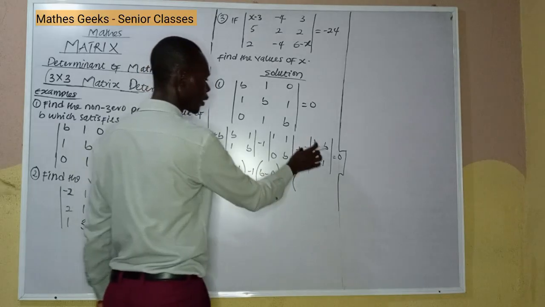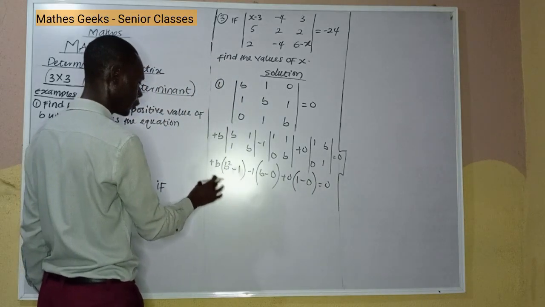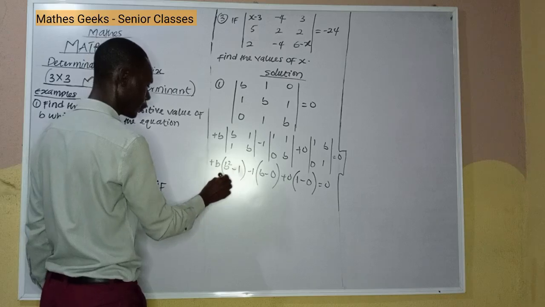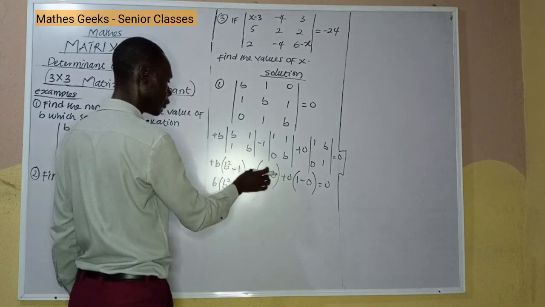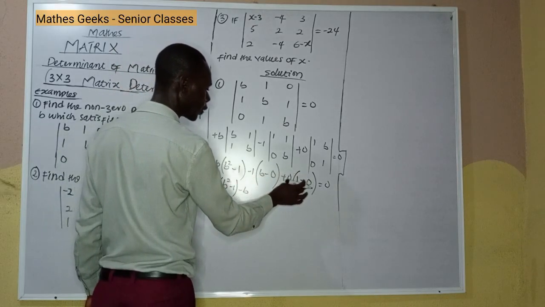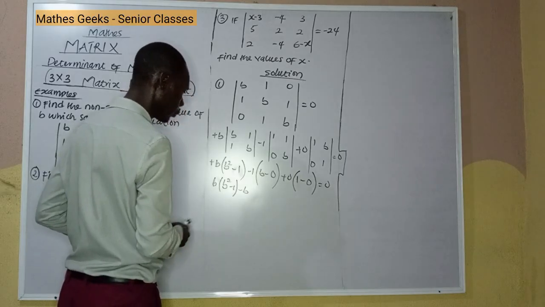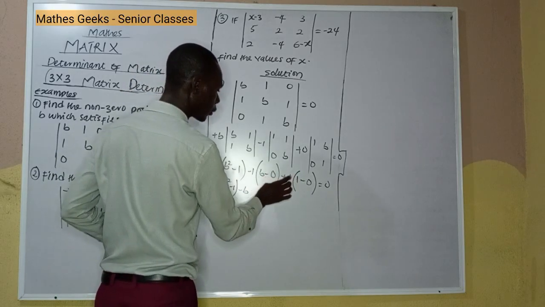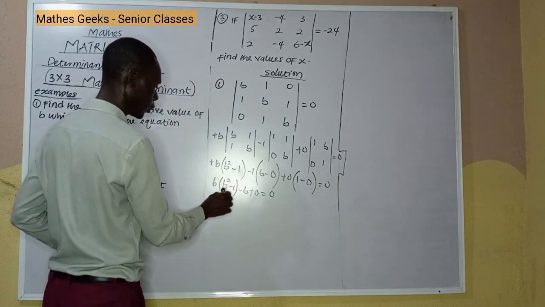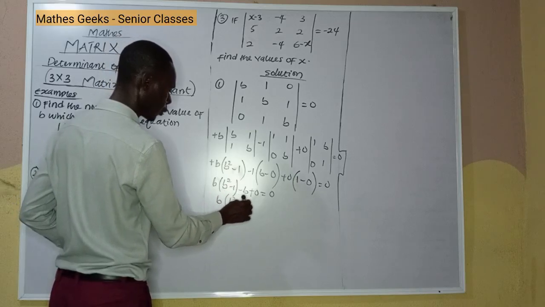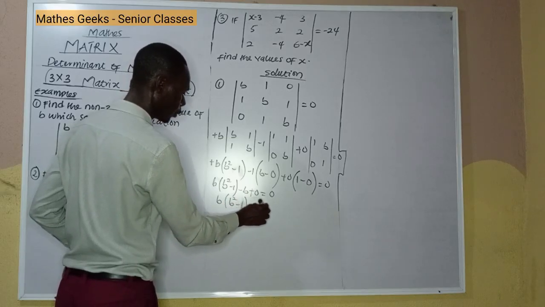Plus 0 times the last minor is 0. So this is b times (b squared minus 1) minus b equals 0.